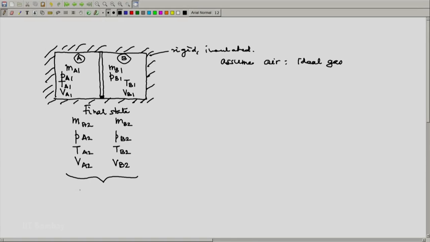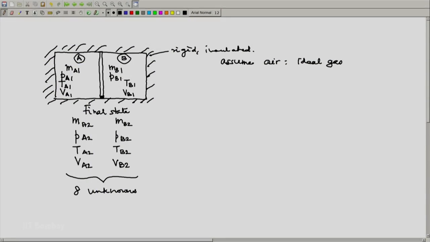Notice that there are 8 unknowns. Now, which are the 8 equations that we need to set up? Let us look at those equations.